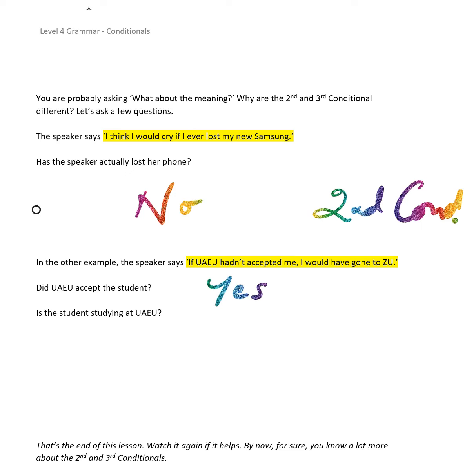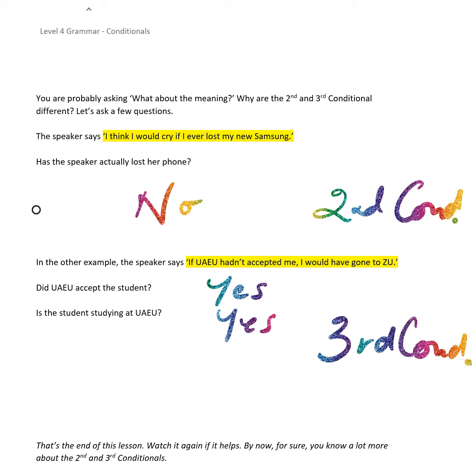The answer is yes, the student is studying at UAU. But she's thinking about what would have happened if she had not been accepted. So this is what we call a hypothetical statement. But the situation has happened and cannot be changed. The situation is in the speaker's imagination, and that's the third conditional.